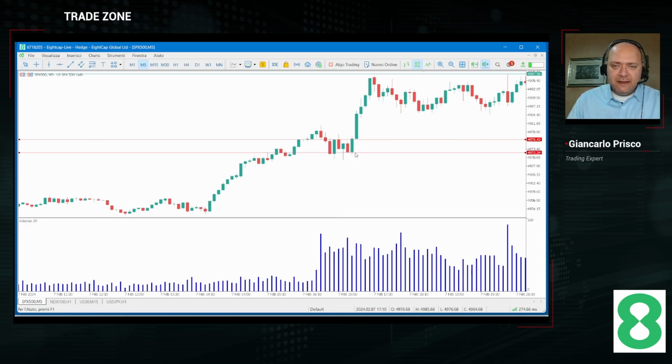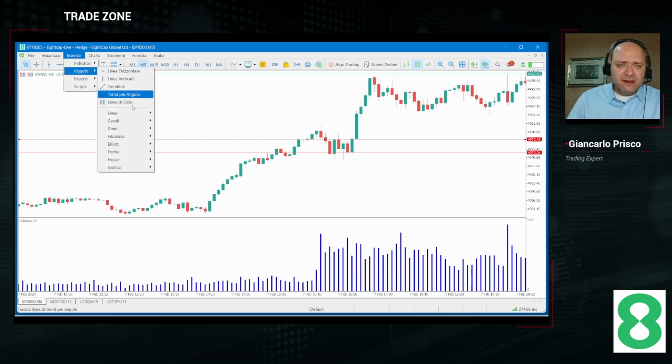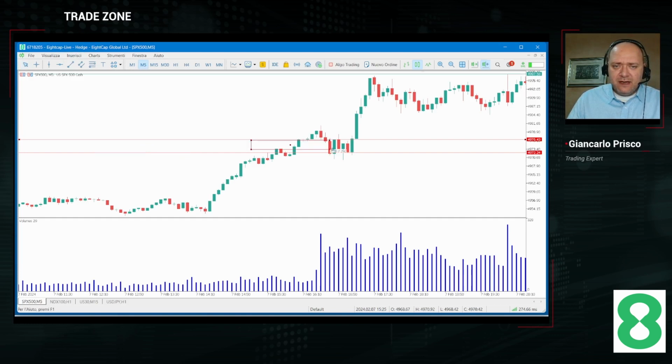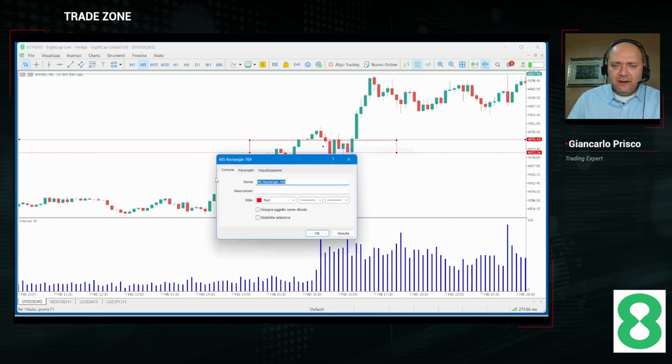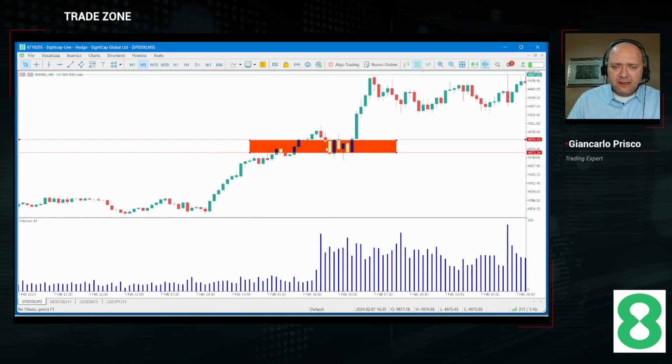What can we see here? This is yesterday's session. It's very simple. I can use a rectangle, and as the volumes are very near, we know that here the market could offer some interesting indication. In this sense, the market is offering an interesting view of what it could do.